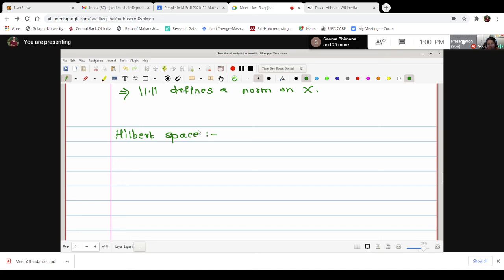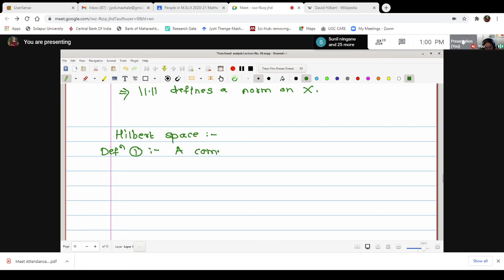What we have studied as the definition of a Hilbert space? A complete inner product space is a Hilbert space. I will write this as definition 1.